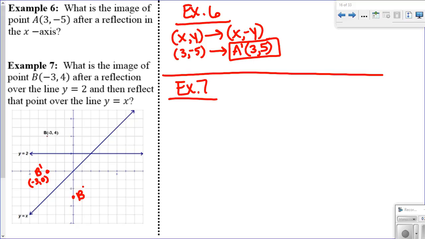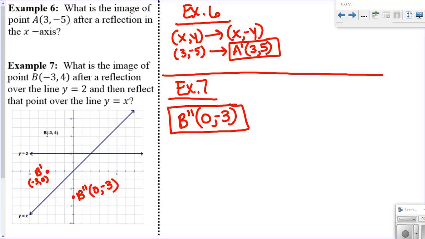We would call this B double prime because it's the image of this B prime, so that's why we have to add another slash there. And so that point is at (0, -3). So after both reflections, your final image point is at (0, -3). So they may ask you to do some double reflection.